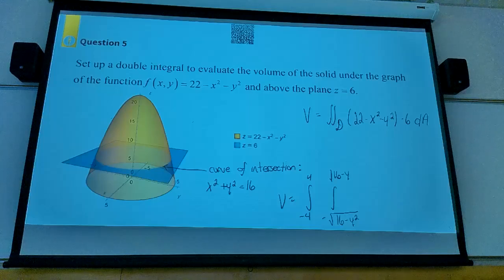It goes from the left semicircle to the right semicircle: negative root 16 minus y squared to positive root 16 minus y squared. That would be your volume.